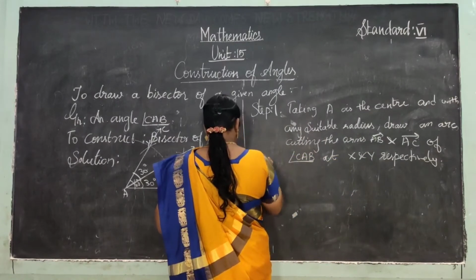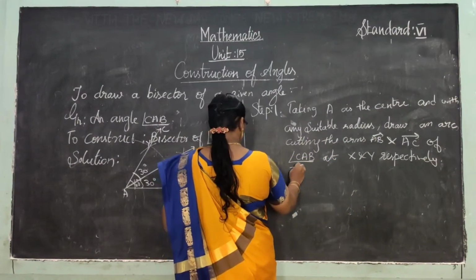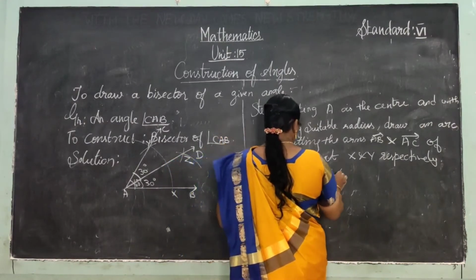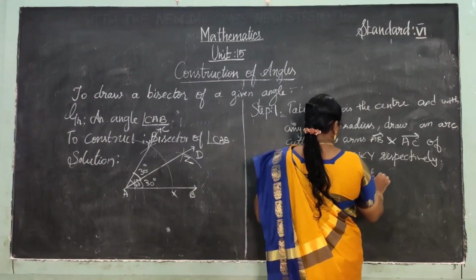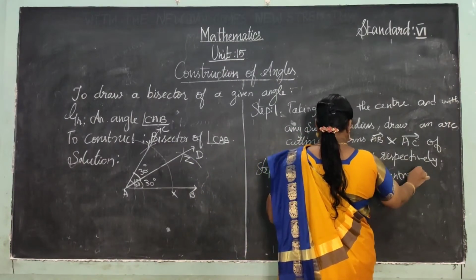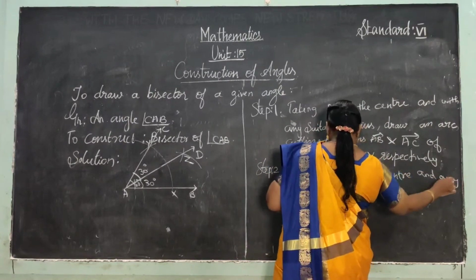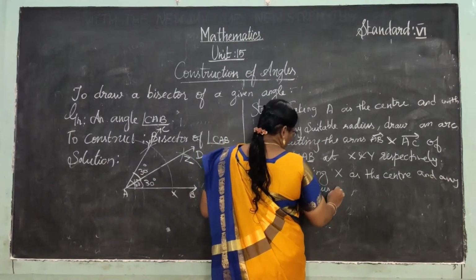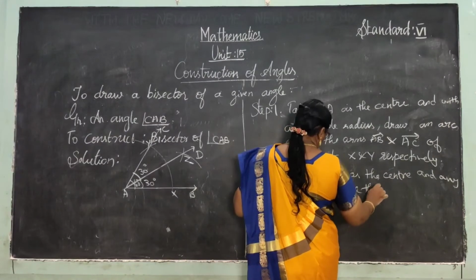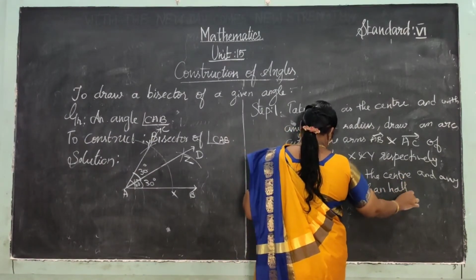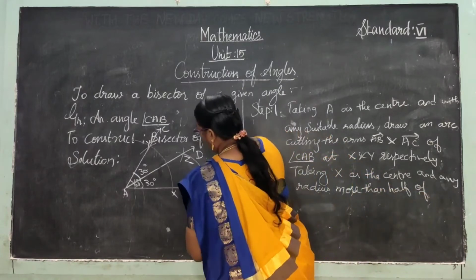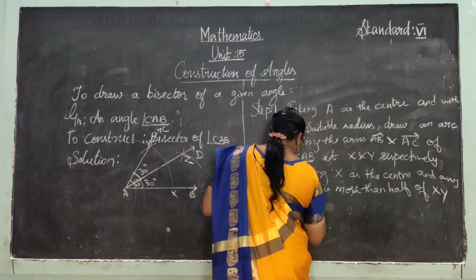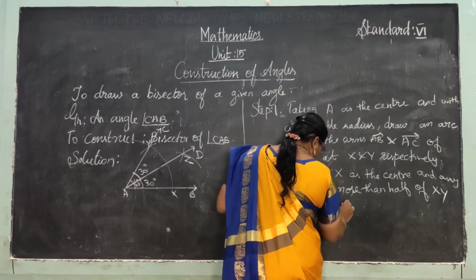Next, step 2. Taking X as a center and any radius more than half of XY, draw an arc.